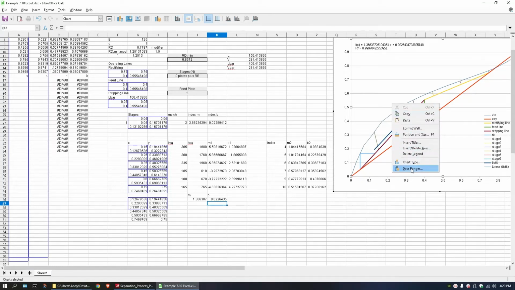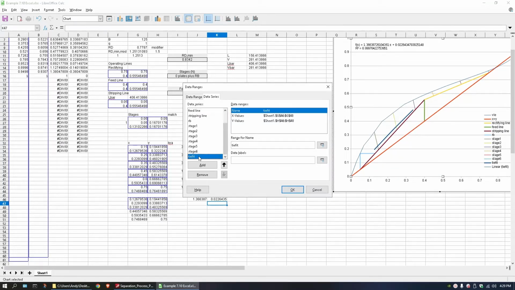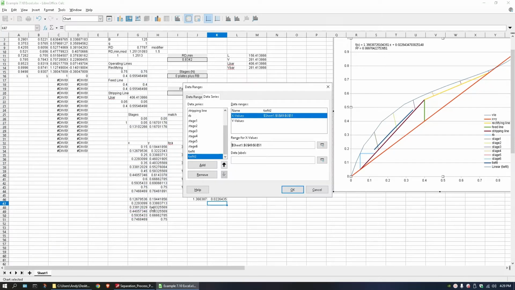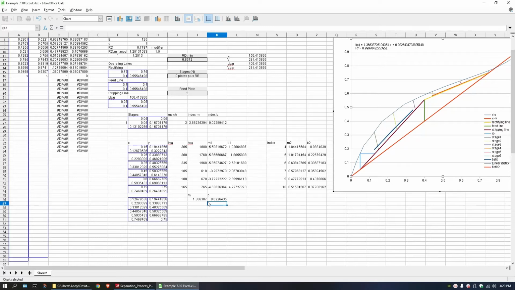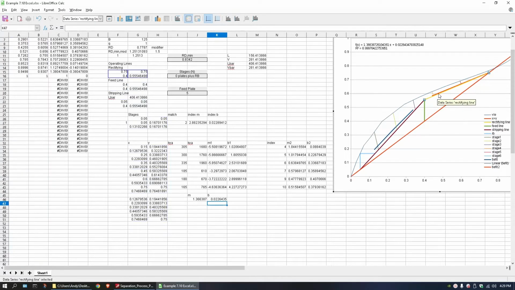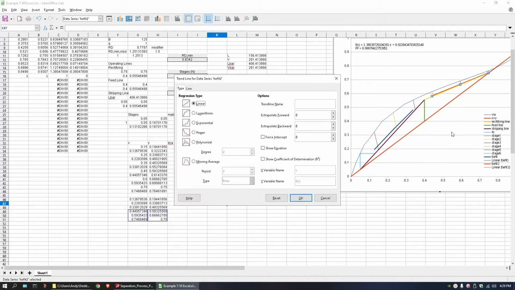For the next one, let's call it tie fit 2, I guess, for the rectifying section. This will be the rectifying section values. All right, we can click on it, tie fit 2, and insert trend line.